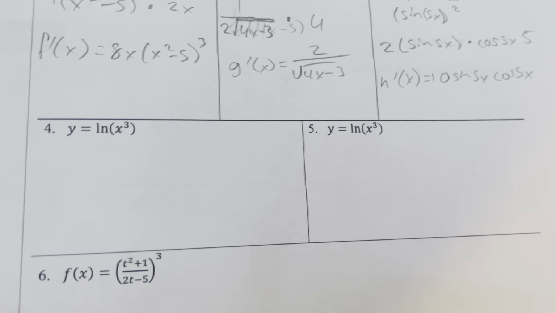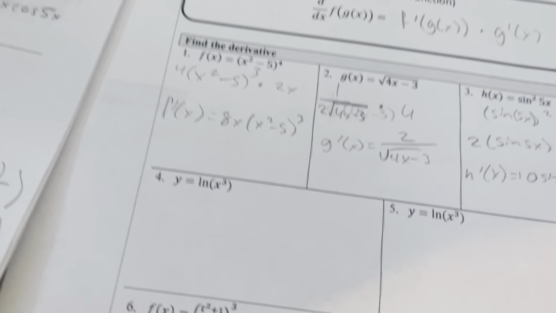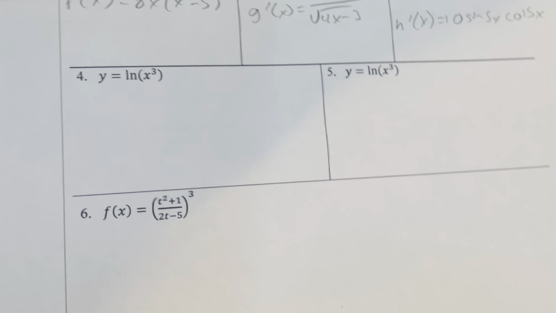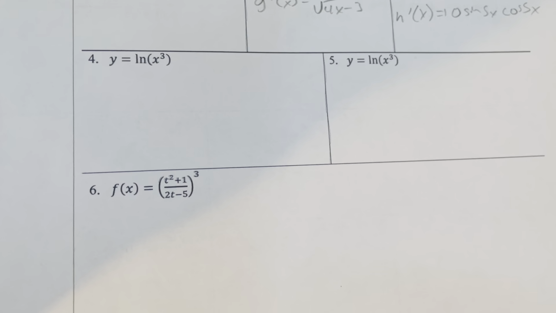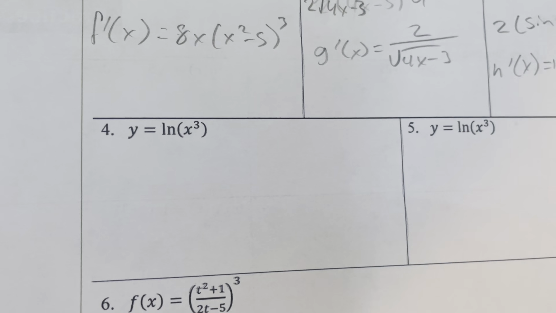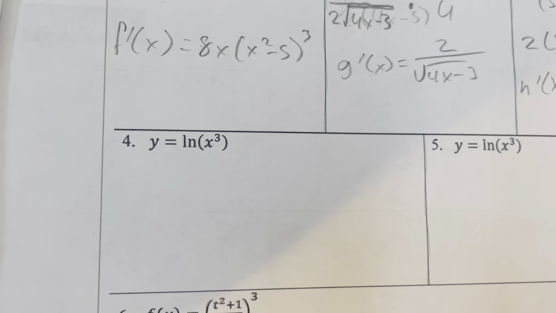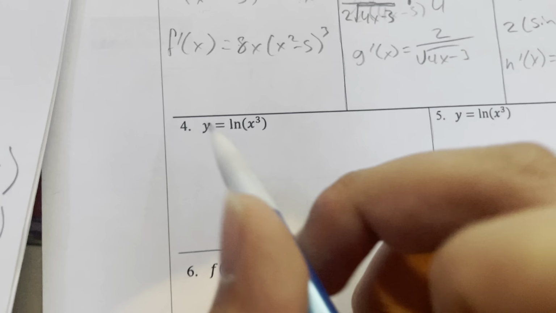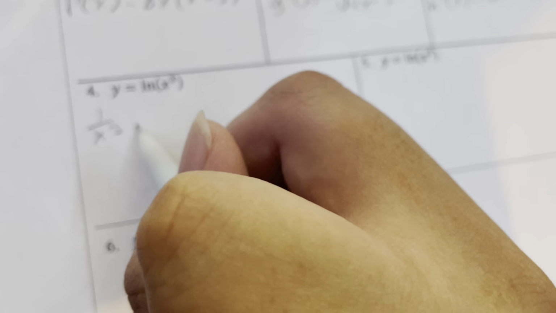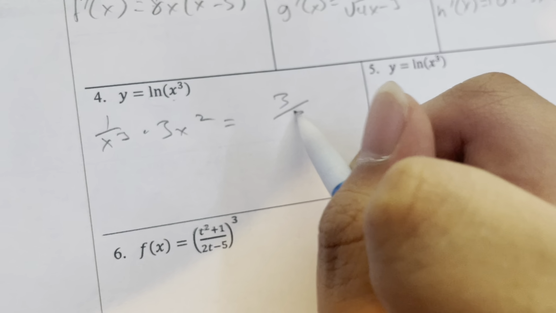Now down here, these are two of the exact same problems. Y equals the natural log of x cubed. And that's because there are two different ways we could solve this. Right here, we could find the derivative of the whole thing, which is 1 over x cubed, multiplied by the derivative of the inside, which is 3x squared, and then this will end up being 3 over x.